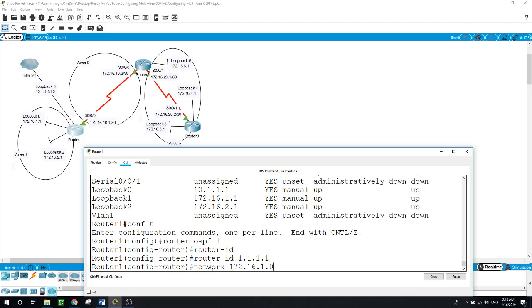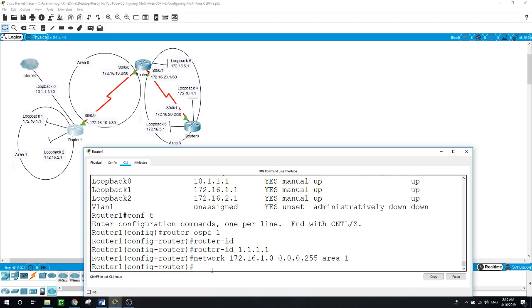This is for loopback 1, and with the inverse subnet mask 0.0.0.255, and both are in area 1. Sorry, this loopback in area 1, loopback 1.